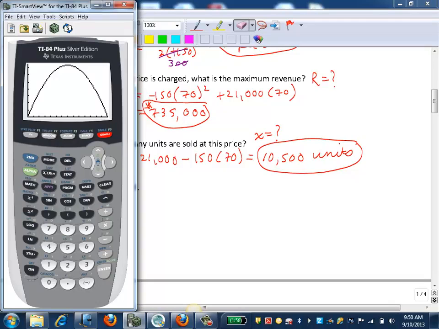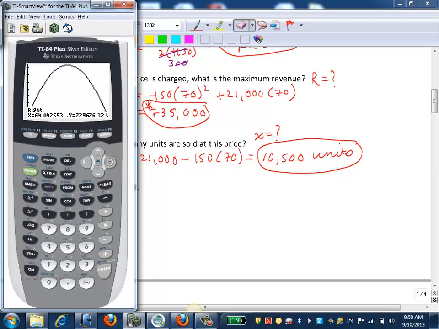So we can calculate our vertex here, and we would expect that our vertex is going to occur with an x value, or a p value, of 70, and a y value, or r value, of 735,000. So let's check it here. Second, trace to calculate the max, option 4. We can move our cursor a little bit to the left of where that vertex appears, and hit enter.